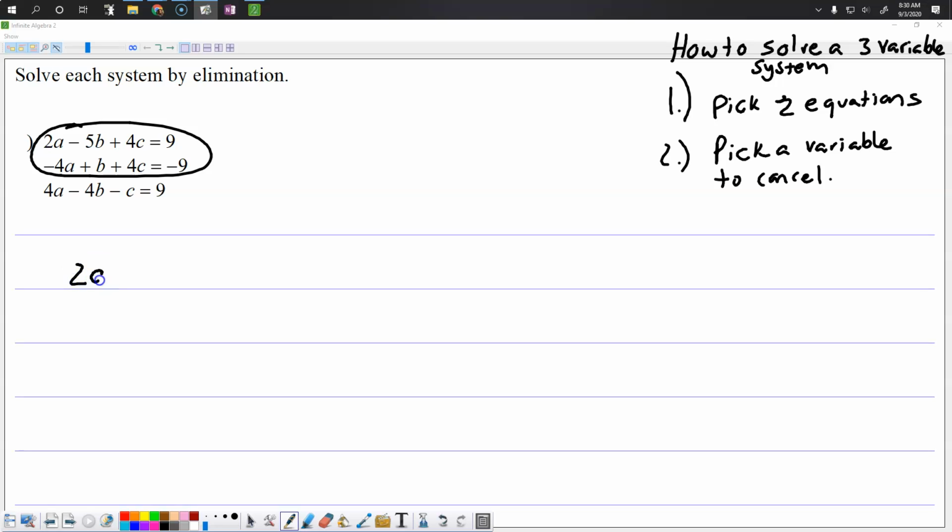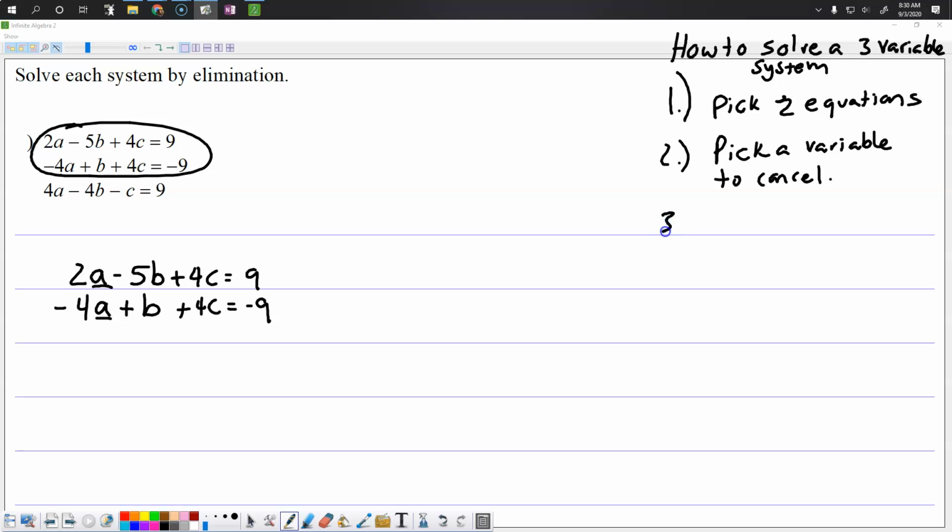If you're smart about it, you can think about which one will be easier, but that comes with some experience and practice. For now, I'm just going to keep it random and say pick A, but whatever you want to do. Oh, this is a plus. Okay, so there's my 2. I want to cancel out the A as my goal.